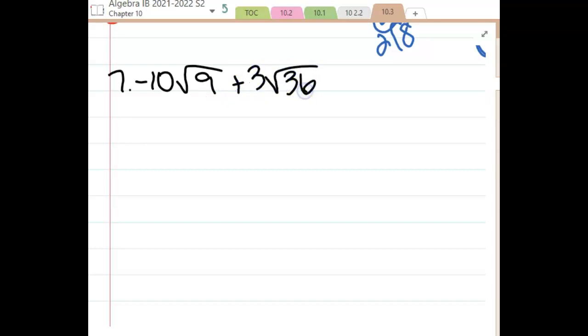All right, so let's say we have negative 10 square roots of 9 plus 3 square roots of 36 minus the square root of 50.